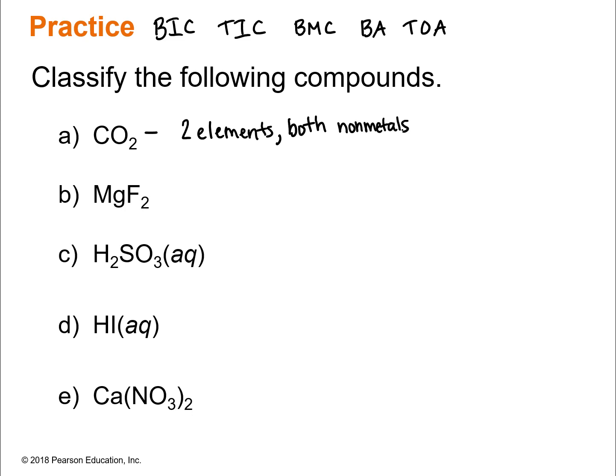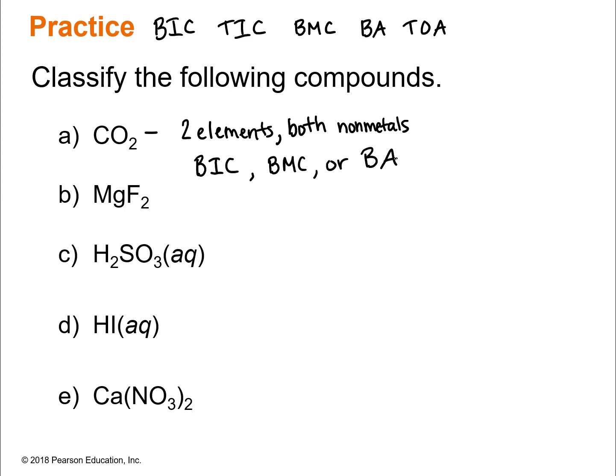Then I can look through the Rolodex in my brain to think about which category has two elements and they're both nonmetals. Two elements means I'm looking for something that's binary. So it has to be binary ionic, binary molecular, or binary acid. So I've already narrowed it down just because of the number of elements.